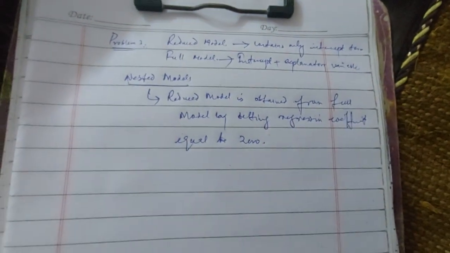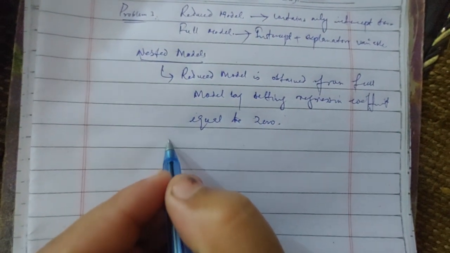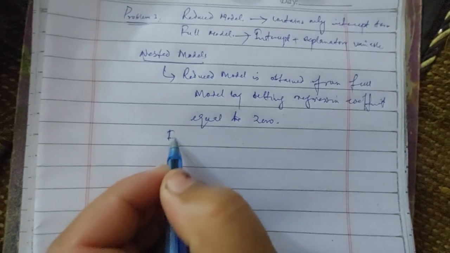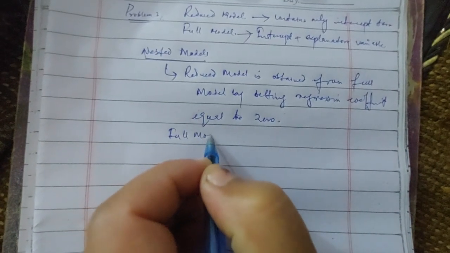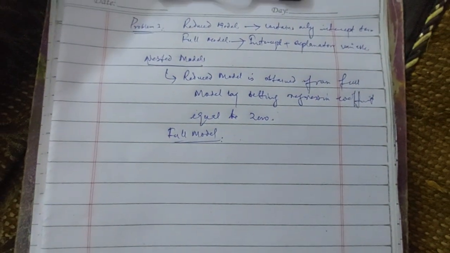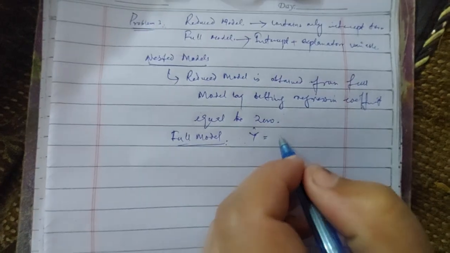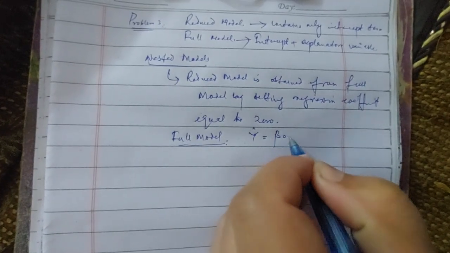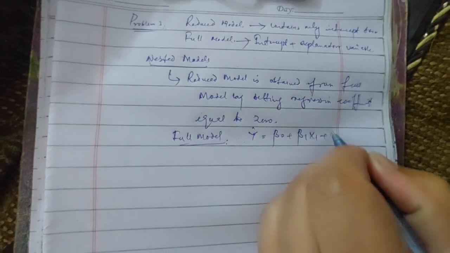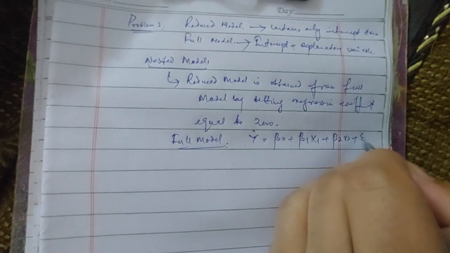For example, the full model may be like y estimate equals beta naught plus beta 1 x1 plus beta 2 x2 plus error.